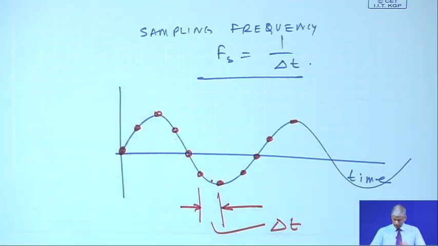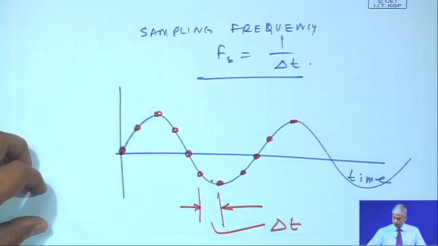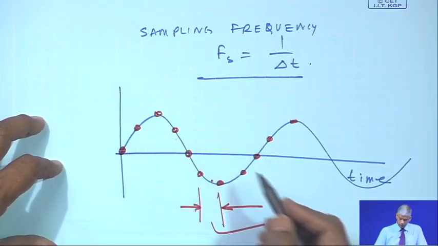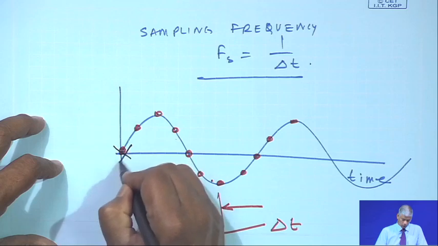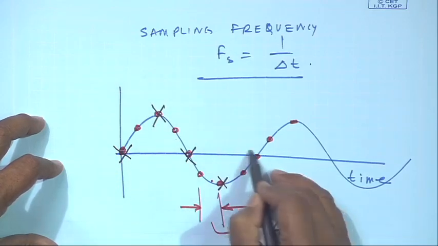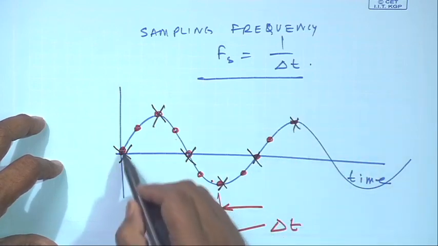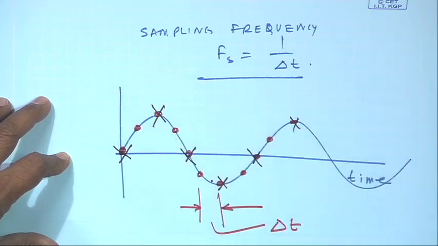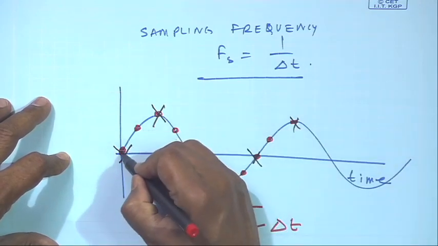But instead of delta t, suppose I pick another sampling interval at a different sampling rate, one is this x, and so on. So, you see, if I join this, I am getting a straight triangular wave.